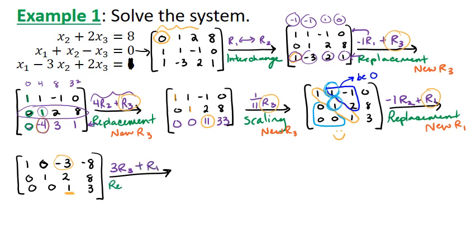This is replacement. And I will have a new row 1. So when I multiply row 3 by 3, I get 0, 0, 3, and 9. I'm going to add that to row 1 to get 1, 0, 0, and 1. Rows 2 and 3 remain the same.